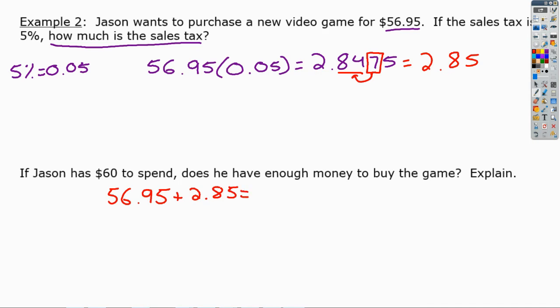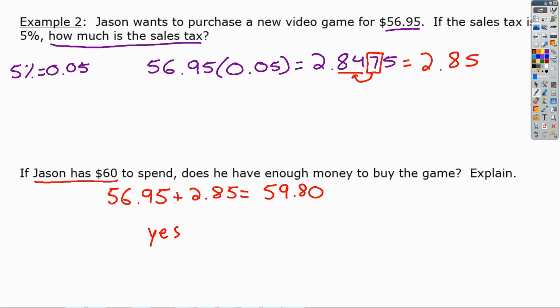Altogether, when you add that up, the total cost comes out to $59.80. So if Jason had $60 and the game after taxes cost him $59.80, does he have enough money? You tell me, yes or no. What you should have said was yes, he does have enough money, and he would have 20 cents and change if he wanted to do it.